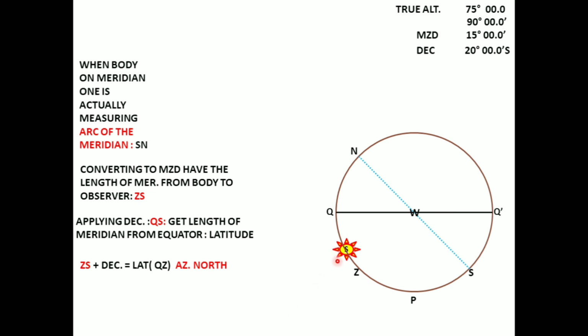In this case, as you can see, this is your zenith distance and declination, so you add. Your azimuth is north, the body is north of you. If I just change the observer, now you have declination minus zenith distance giving you your latitude, and the azimuth becomes south here. And that is how we figured out we have two latitudes in the particular example I solved here.